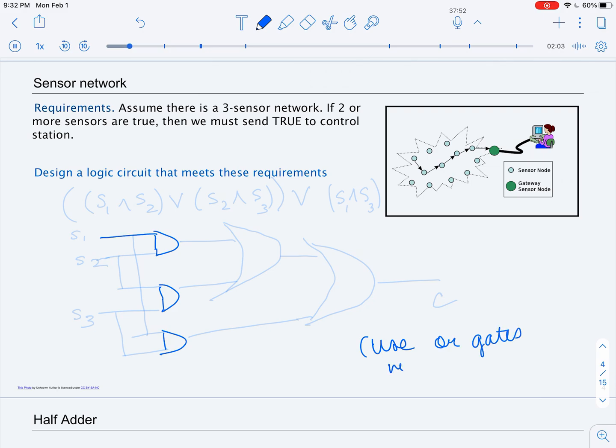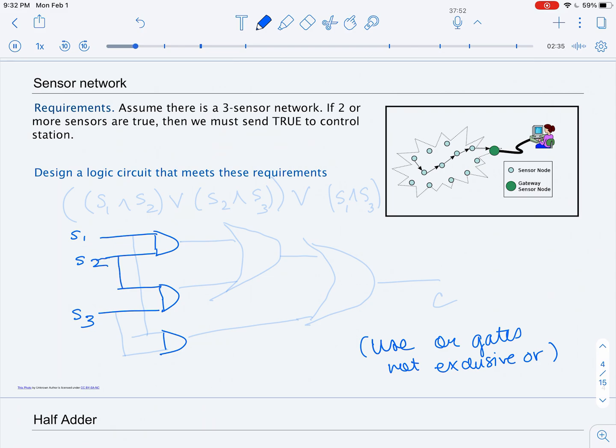So we have our first sensor, so I'm going to call this sensor 1, and then we have sensor 2, and we also have a third sensor, which we will call sensor 3. And so first we take the AND of the first 2 sensors, and then we have to also take the AND of the second and the third sensor.